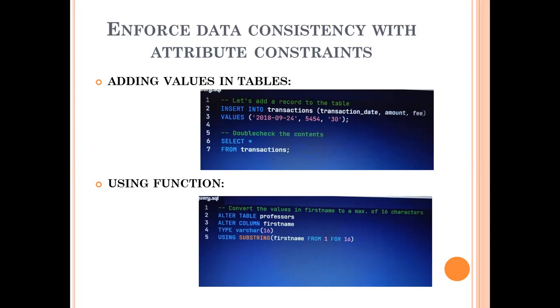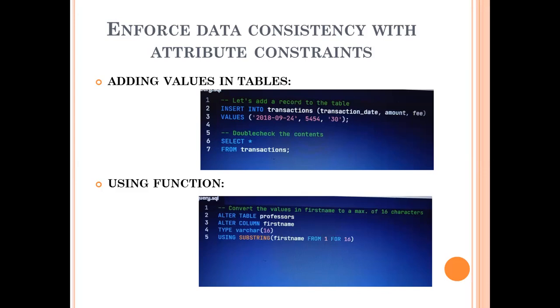Then there is a using function, or the using substring function, which can also be used to alter a table. For example, I want to alter my table named professors, and in this table, I want to alter the column first name, whose type was varchar(1) to varchar(16).